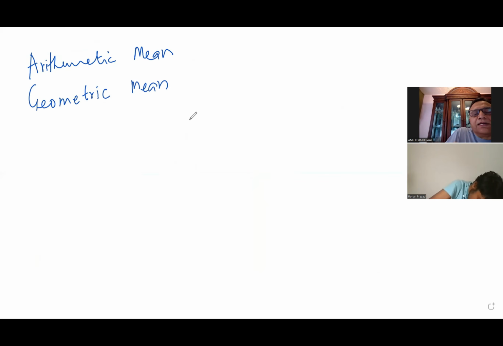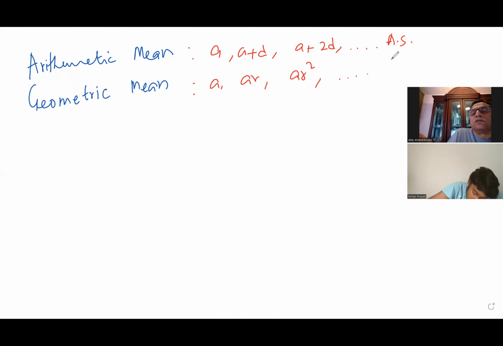So in general, an arithmetic sequence is a, a plus d, a plus 2d, and so on, right? And the geometric sequence, this was the arithmetic sequence, is a, ar, ar squared, and so on. This is the geometric sequence, correct?